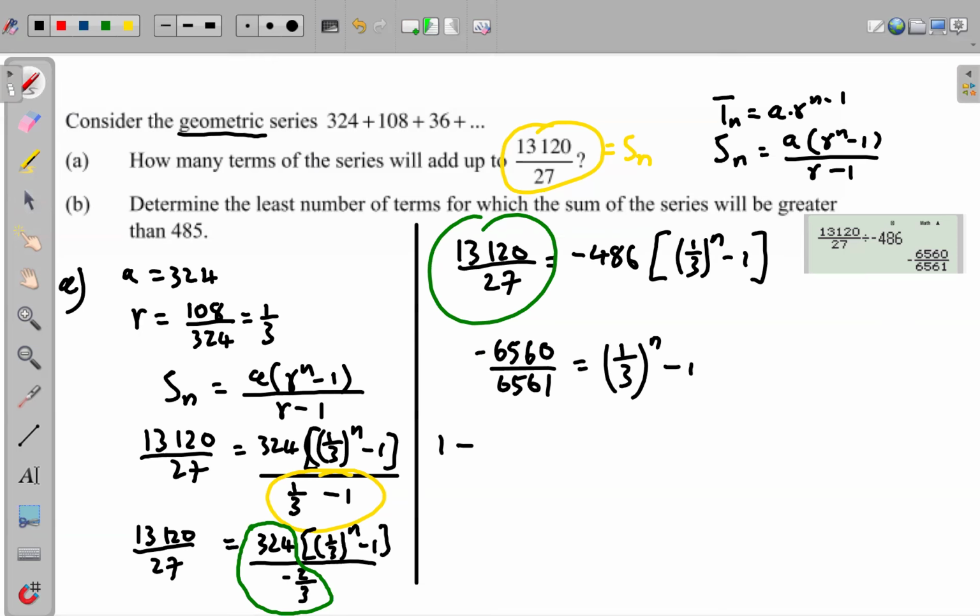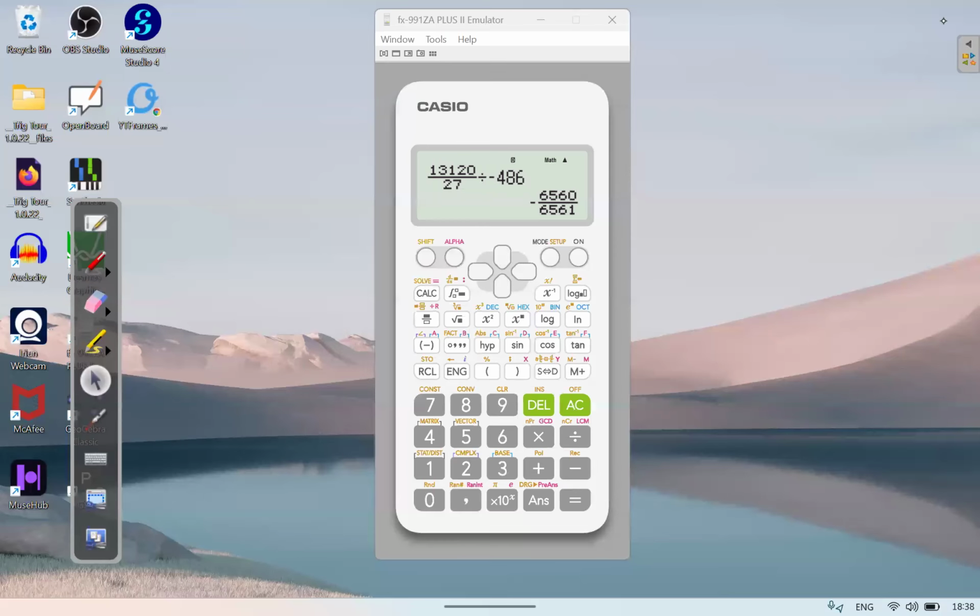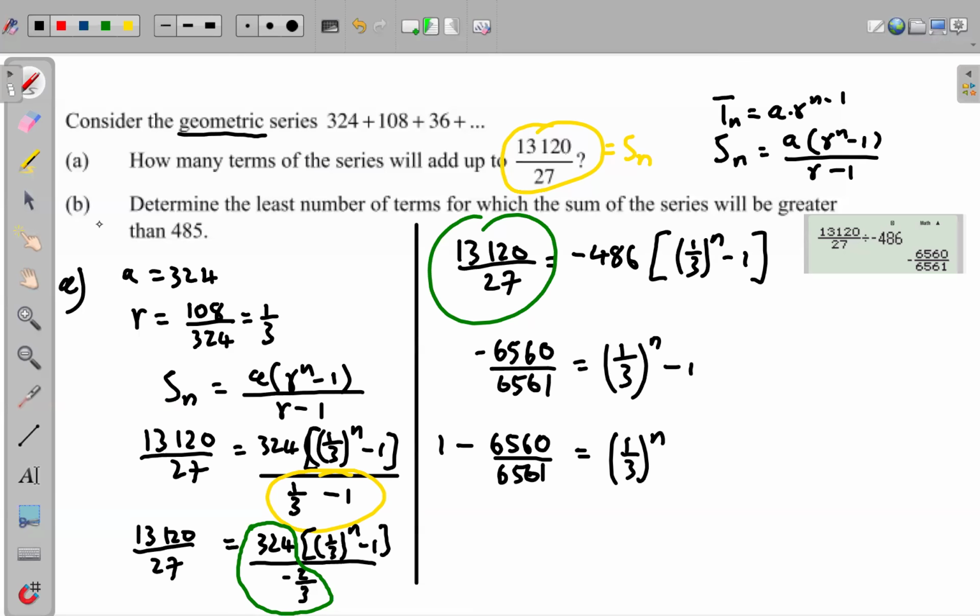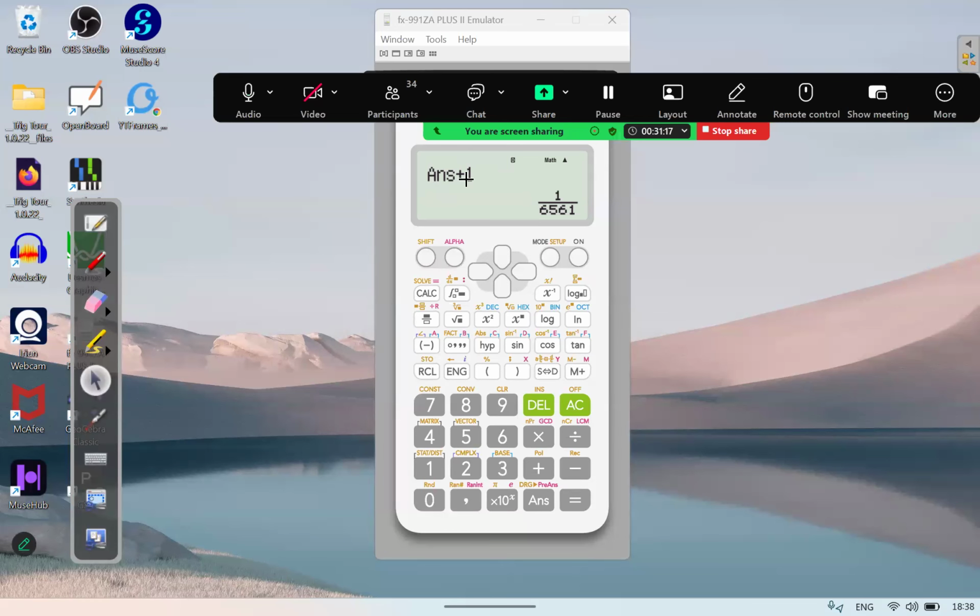You end up with 1 minus 6,560 over 6,561. So this is 1/3 to the n. Now, in your calculator, this is your answer. This is what your answer is. I think I'm just going to add 1 to it. So you get 1 over that. Maybe let's bring this as well.